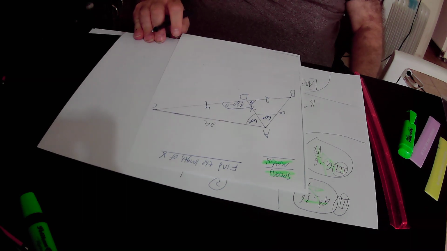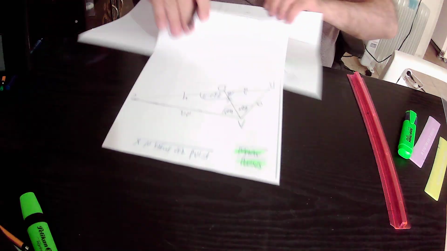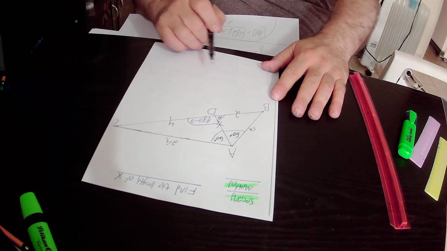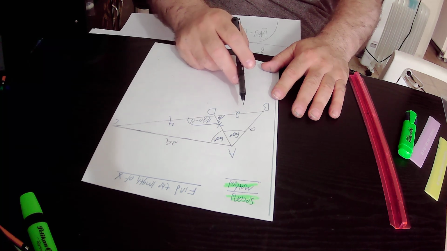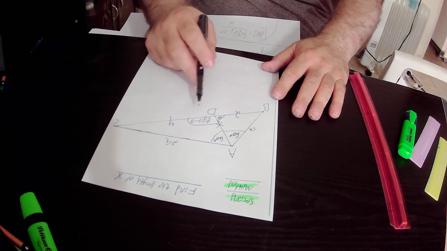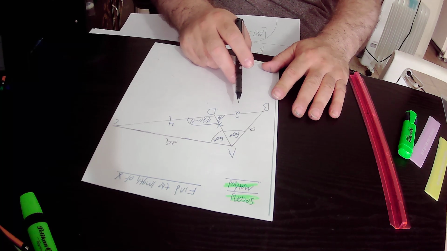triangles in our drawing. From the drawing, it is very easy to see that the area of triangle ABC equals the area of triangle ABD plus the area of triangle ADC. Triangle ABC consists of two triangles.